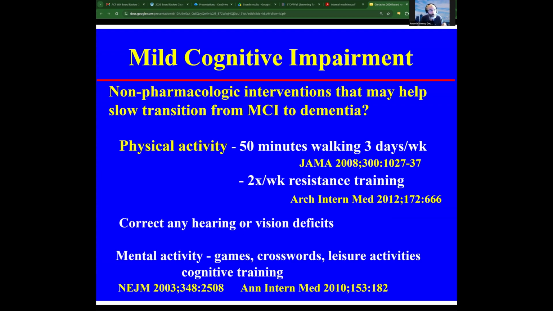Other helpful interventions are correcting particularly hearing deficits or vision deficits, those sensory deficits. Again, the brain needs that sensory input coming in. And then there probably is a benefit to staying active with things like puzzles and staying socially active and engaged, the mental and the social aspect.